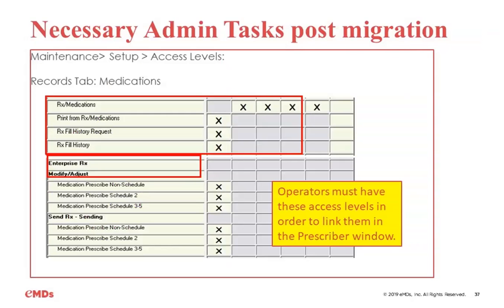So now we have the admin task, and I hope I didn't speak too quickly. It isn't a big deal if you have everything staged correctly. And the staging is the practice address, provider SPI, and 1 SPI per practice if the provider is working out of multiple practices.